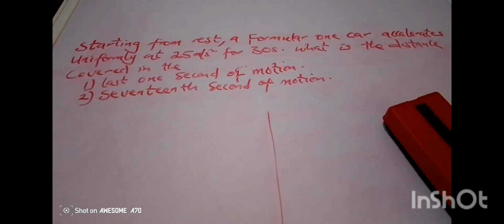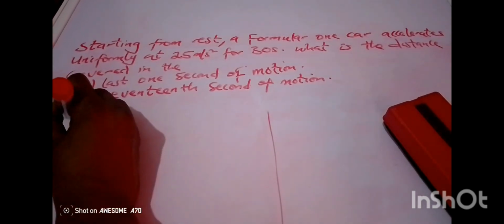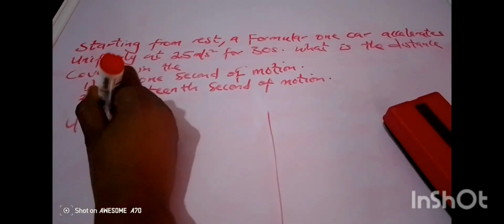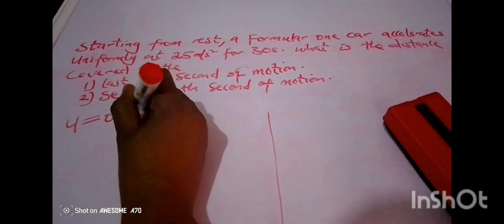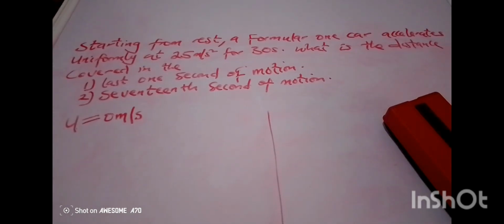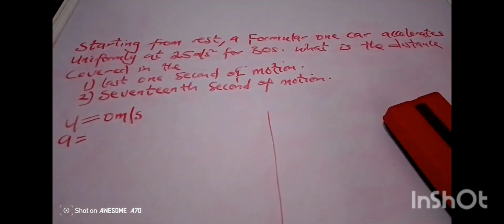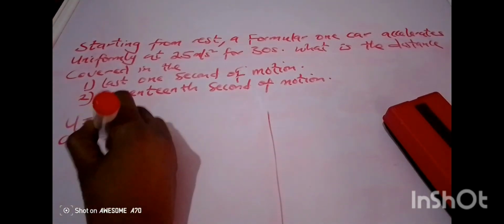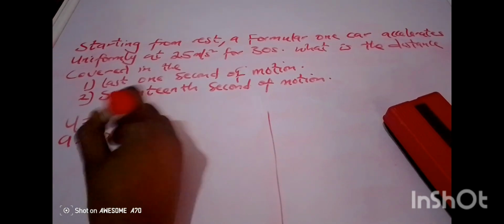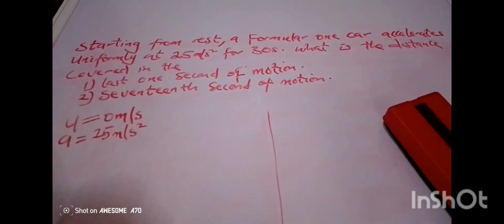Now let's quickly look at this. Let's first take the parameters. Starting from rest suggests that the initial velocity U is 0 meters per second. Acceleration A is also given as 25 meters per second squared.